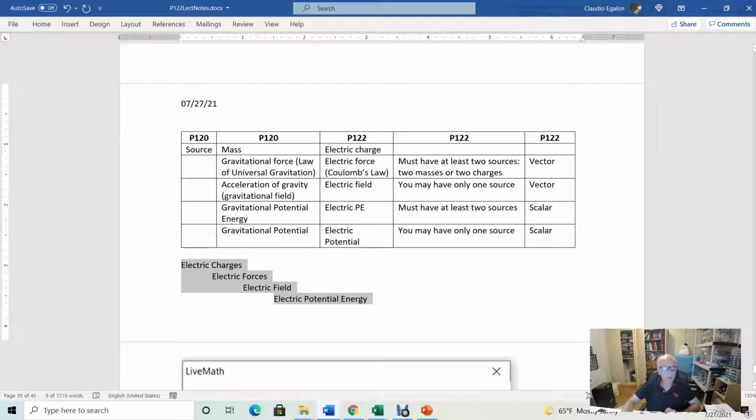One depends on the other. Without an electric force, we cannot define an electric field. Without the concept of electric field, we cannot define the concept of electric potential energy. Okay? Now let's see how we can illustrate that.